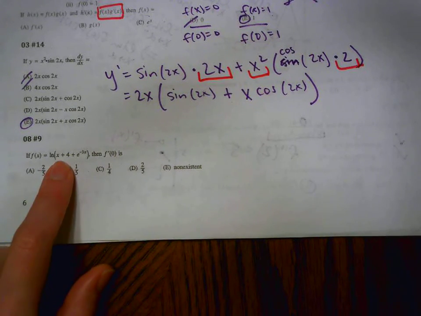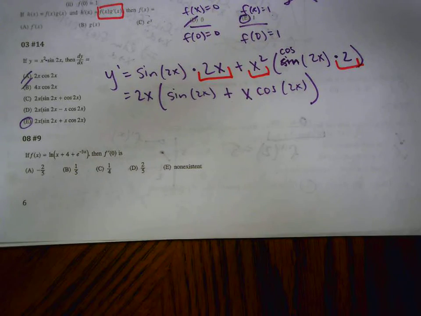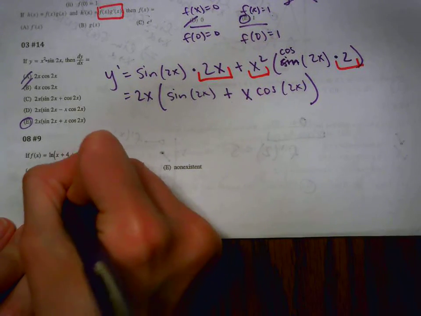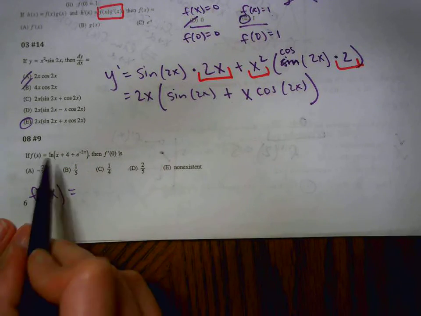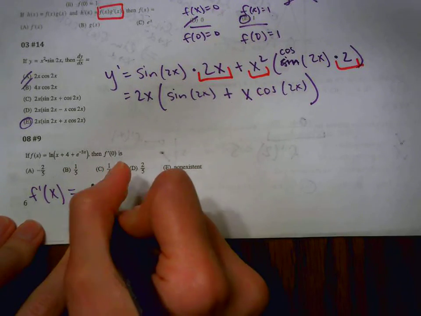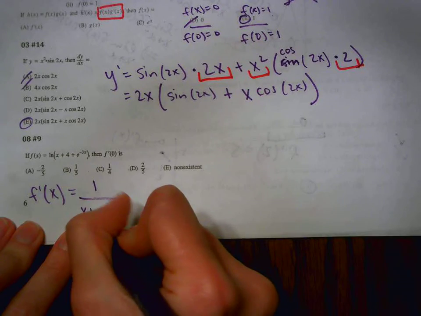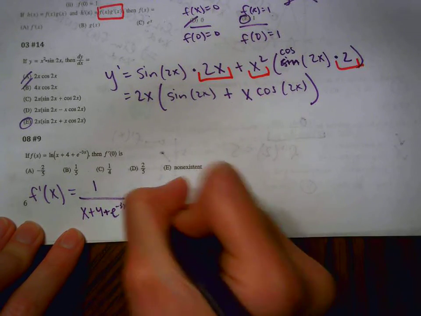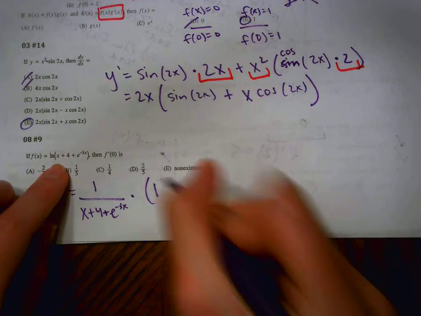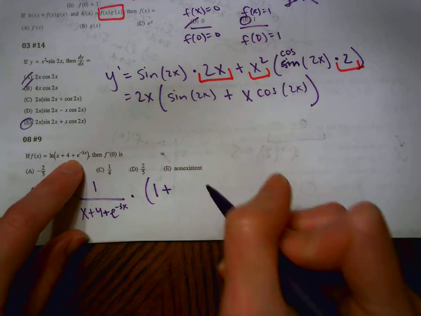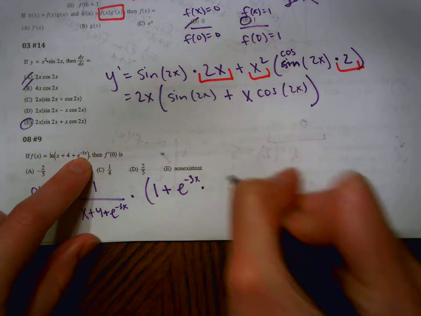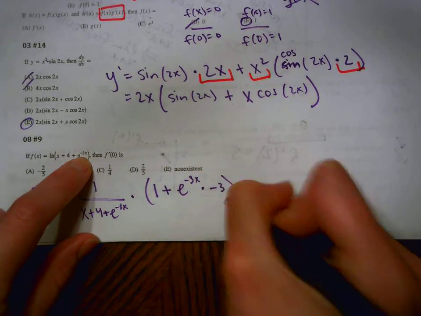Okay, last one. Here's your original. They just want f prime of 0. So we're going to first get f prime of x before we get f prime of 0. The derivative of natural log is 1 over the inside times the derivative of the inside, which derivative of x is 1. The derivative of 4 is 0. The derivative of exponential stays the same, times the derivative of the exponent, which would be negative 3.